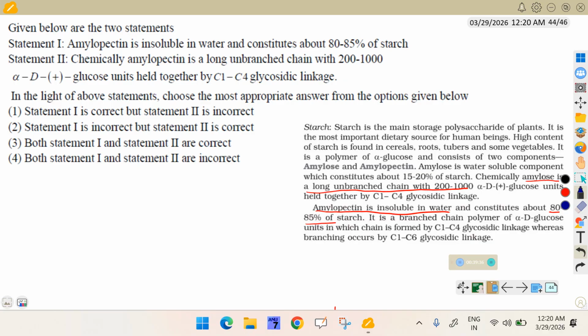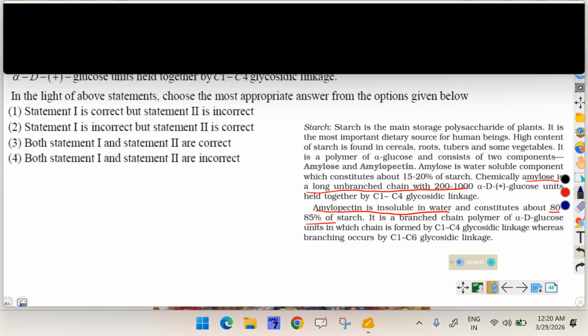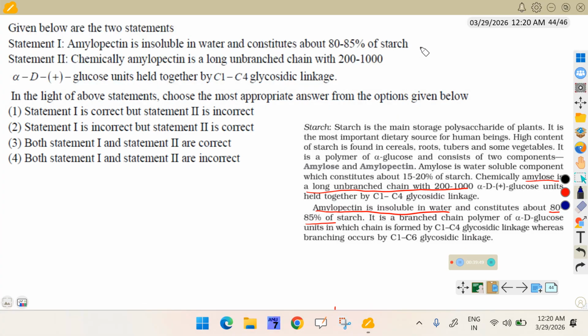Statement 1: Amylopectin is insoluble in water and constitutes about 80 to 85% of starch. Correct. The first statement is right.